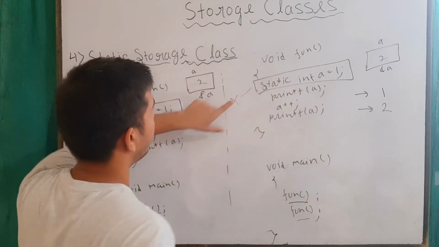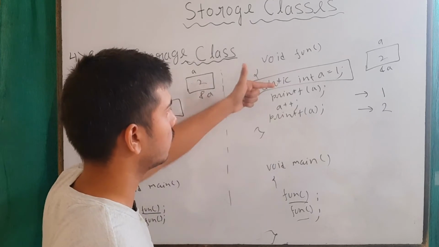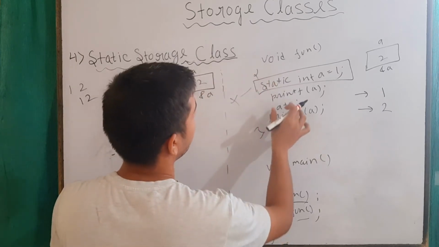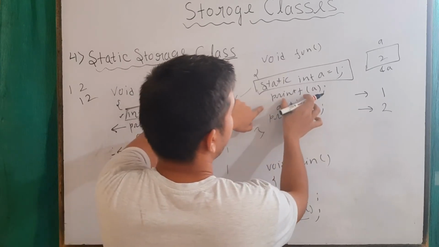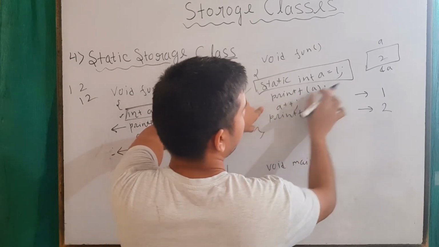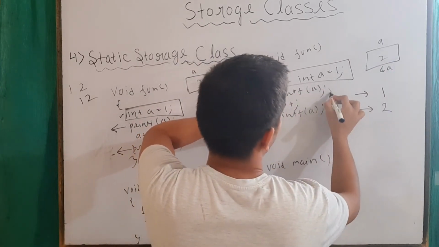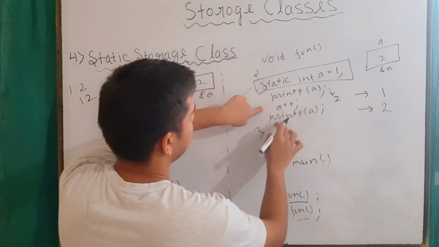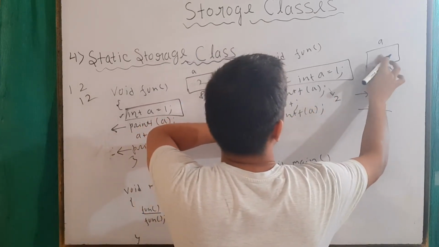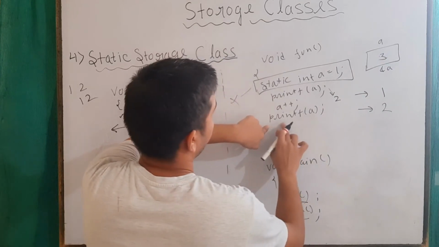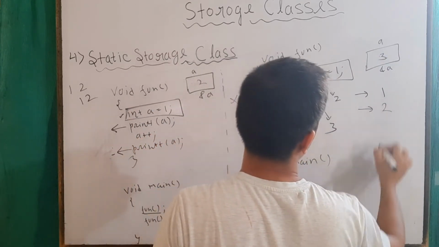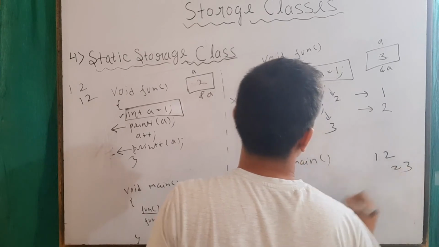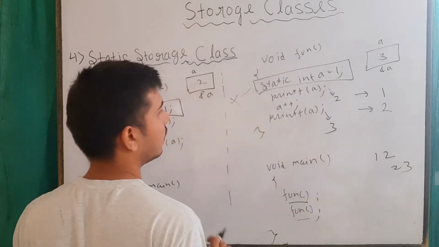This will happen only the first time the function is called. Now our lines will start from here. What is the value of a right now? It is 2, so it will print 2, and a++ will increase the value to 3, and printf of a gives 3. So our output will become 1 2 2 3.